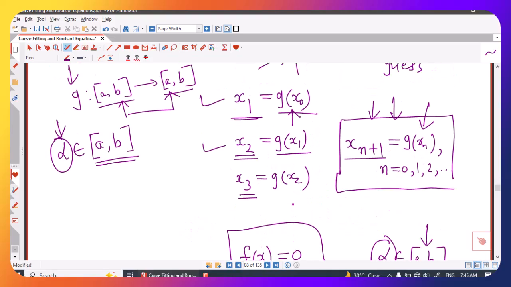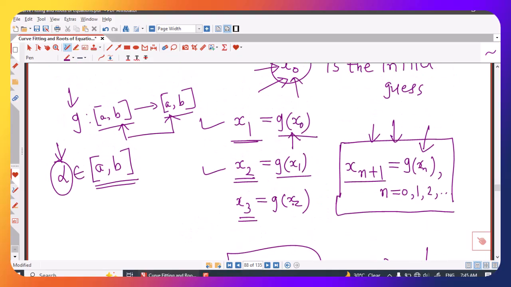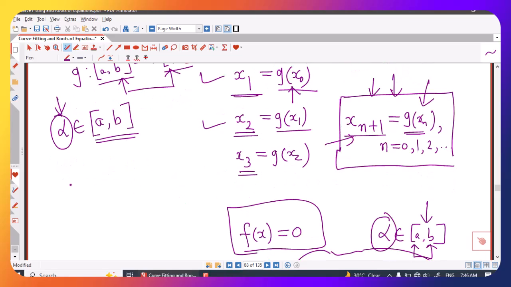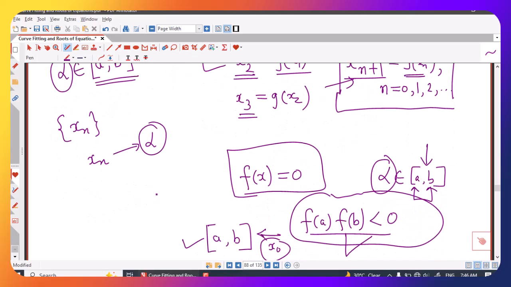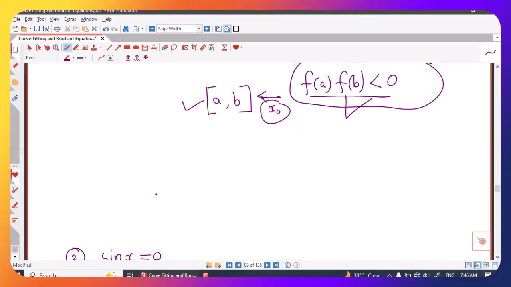Now another main concern is under which conditions on the iterative function g(x) this sequence of iterations will converge to the exact root. Now we have a sequence of iterations denoted by xn. So under which conditions will this sequence converge to the exact root alpha? That condition is in this form.